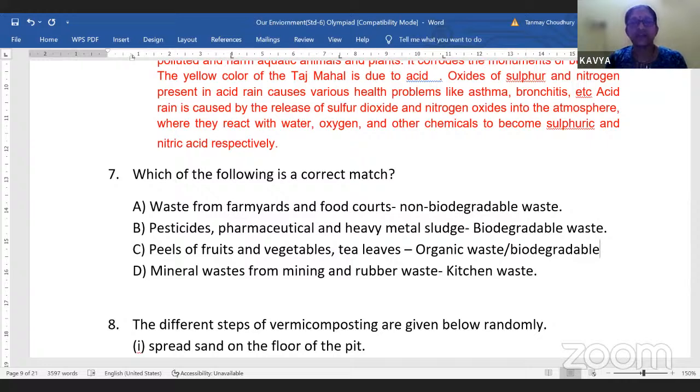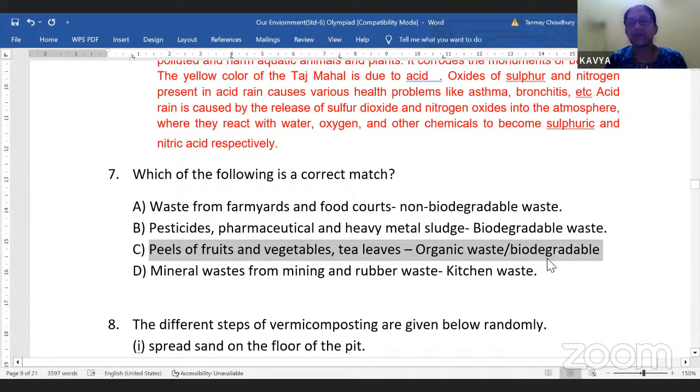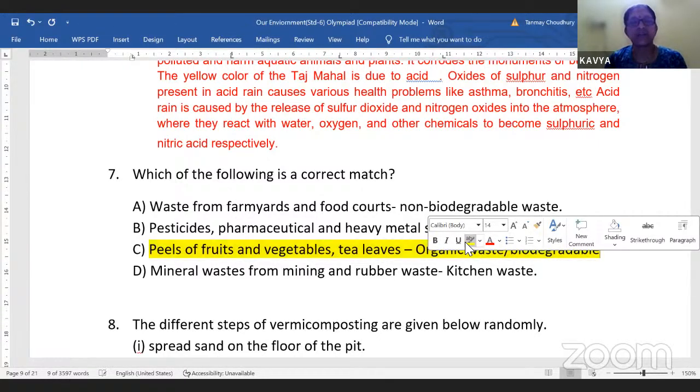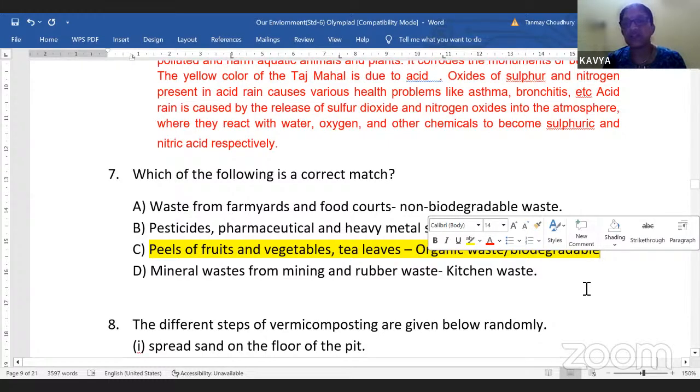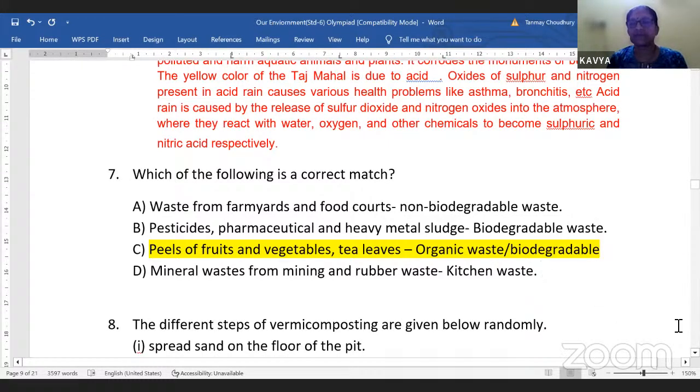So this is correct. Mineral waste from mining and rubber waste is not a kitchen waste. So this is not a correct match.